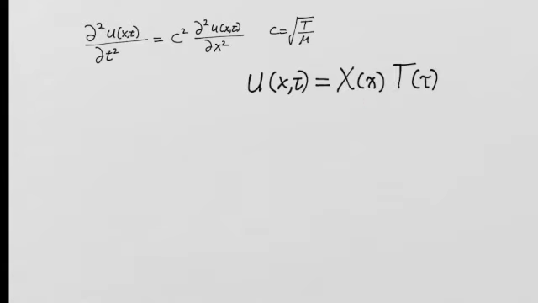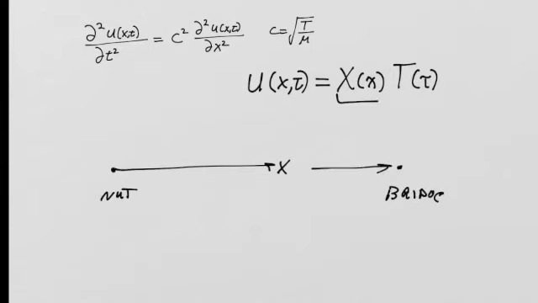One part only depends on the position from the nut of the guitar. Remember, x is the distance from the nut towards the bridge, and this part only depends on x. And then the other part of the function only depends on the time that you're interested in.